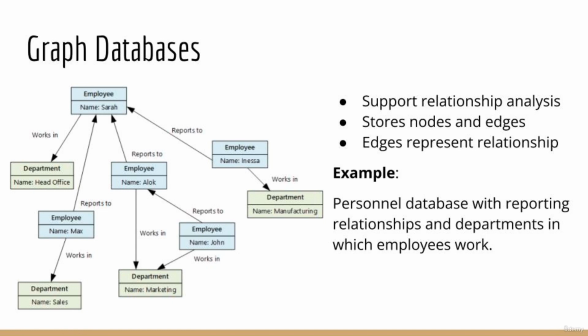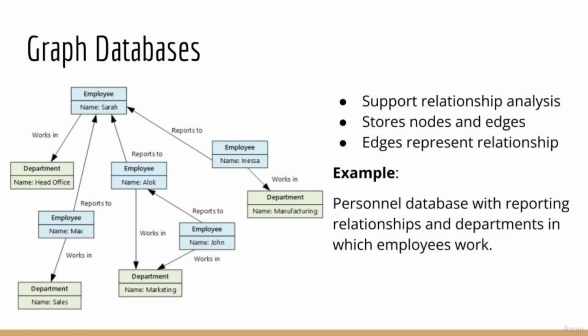Another model of data stores in Azure is graph databases. Graph databases natively support analysis of relationships between entities, and a graph database stores two types of information: nodes and edges. Edges specify relationships between nodes, and nodes and edges can have properties that provide information about the node or edge, similar to columns in a table. Edges can also have a direction indicating the nature of the relationship.